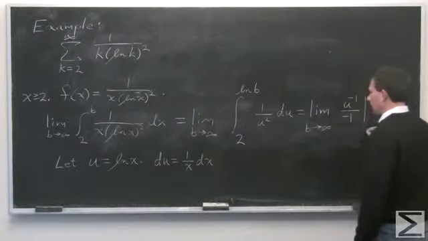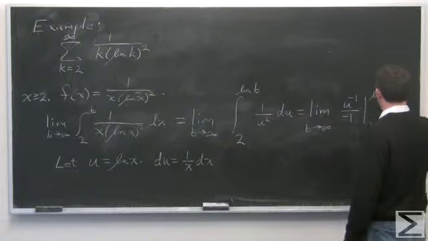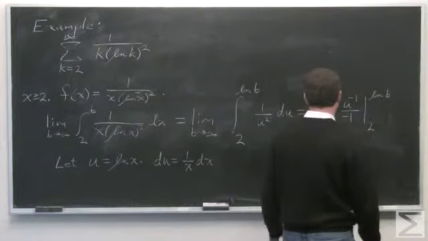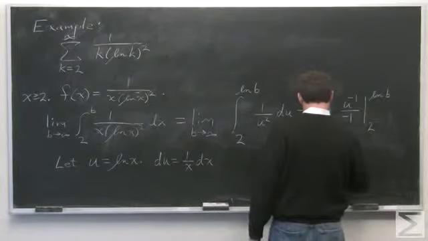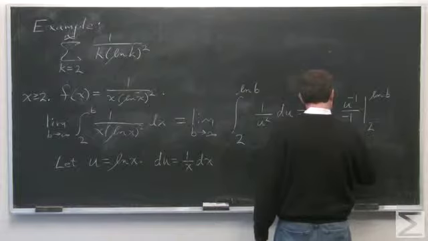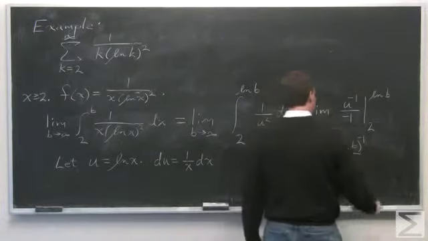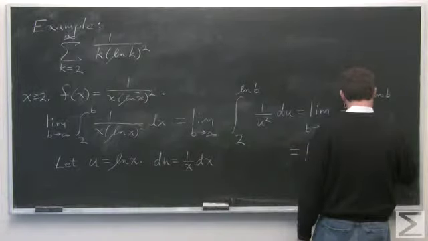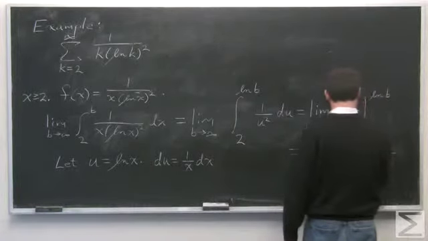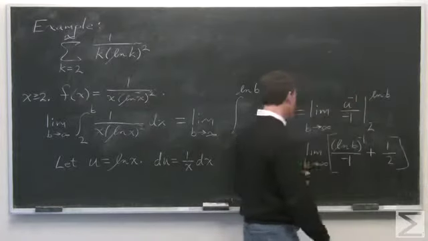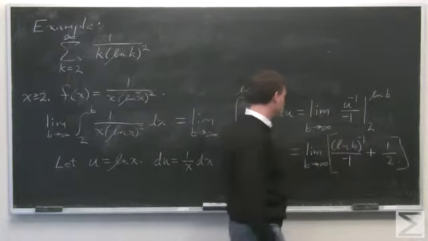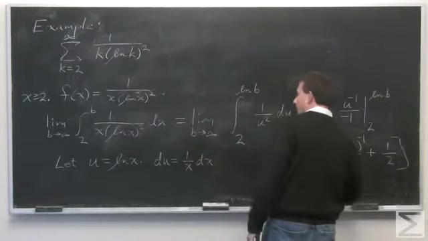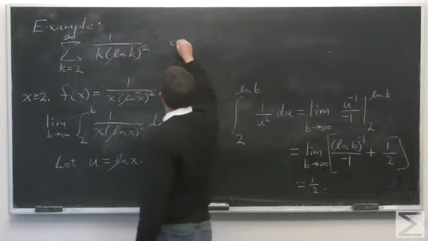You evaluate from 2 to the natural log of b. And as before, you get the limit as b approaches infinity of this thing that's going to infinity, to the minus 1 over minus 1, minus what you get at 2, which is plus a half. And as b goes to infinity, this goes to infinity, but you've got it raised to the minus 1, so this part goes to 0. This converges to a half, which means this converges by the integral test.